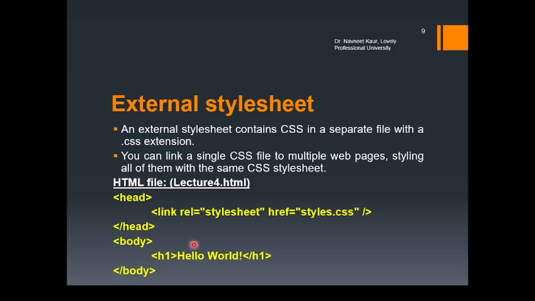So you need to include a relation here. You must be able to have a link with that style file. So you need to include link rel equals to stylesheet, href, that is the hypertext reference to the style sheet that you want to refer to. This will allow you to fetch all the styling into your HTML document.